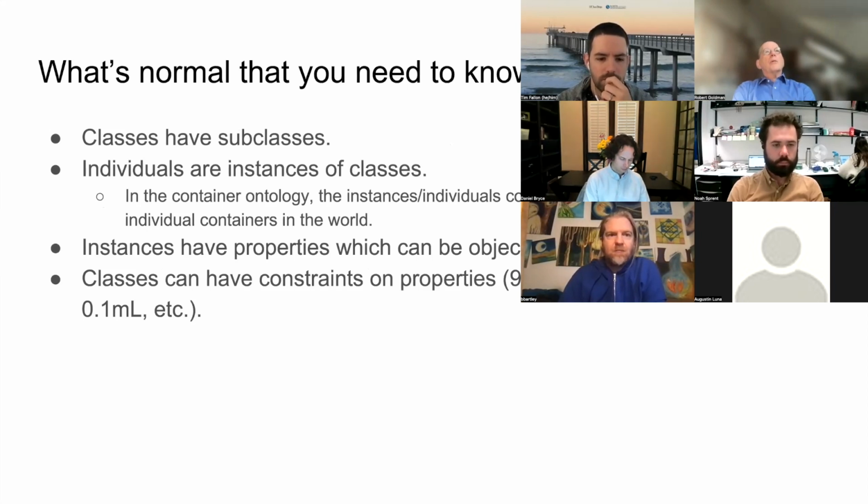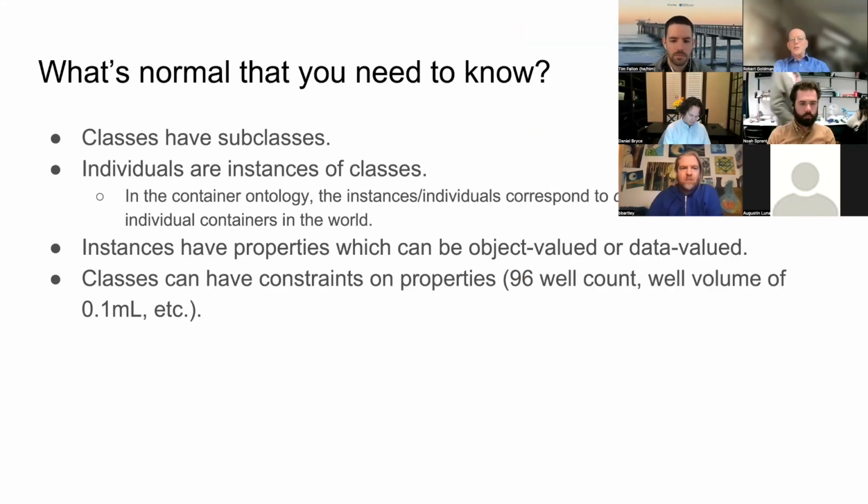So just a quick background about how the ontology works. The reason that this is here is that in a few minutes, I'm going to tell you things that are not normal about this, that you will need to know to understand how things work. But the normal stuff is that we have classes, and the classes have subclasses.